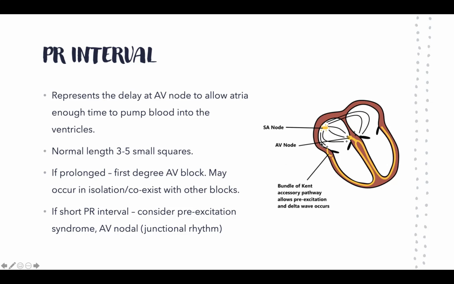So our P wave contracts our atria, and it doesn't have to wait at that AV node anymore. It takes a little shortcut down this accessory pathway and pre-excites, allowing excitation of the ventricles before it normally would. So now we've got a P wave and quickly a QRS without that waiting. That causes the short PR interval. This condition is known as Wolff-Parkinson-White syndrome, and we'll go into more detail in future sessions.